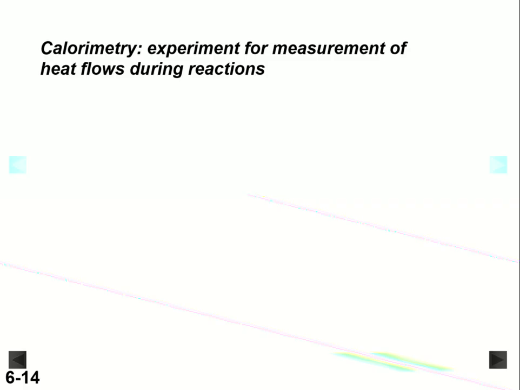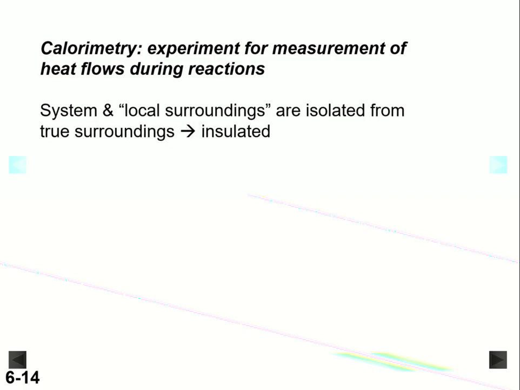Now, calorimetry is the experiment for measurement of heat flows during reactions using those equations we just looked at. Q equals m Cp bar delta T. In this case, the system and a local surroundings are going to be isolated from the true surroundings.